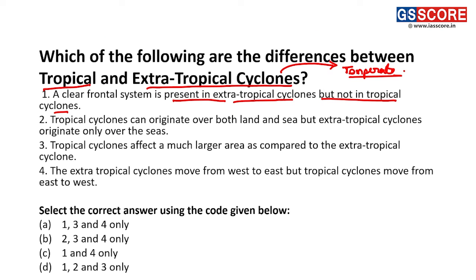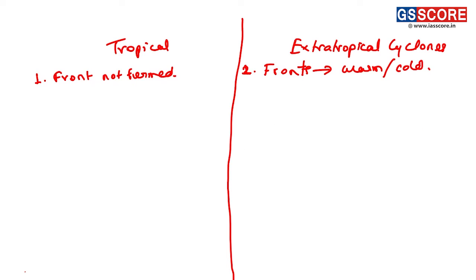Now, statement 2: tropical cyclones can originate over both land and sea, but extratropical cyclones originate over the sea only. This is an incorrect statement. Why? Because tropical cyclones can originate over the sea only, because they derive their energy from the warm water of the sea.